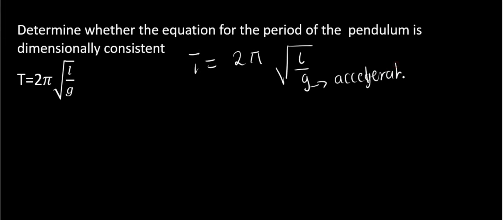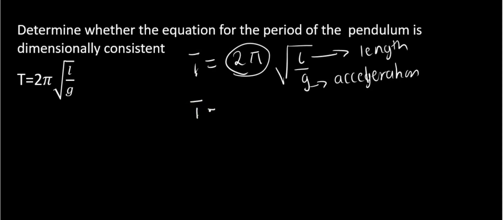This g is an acceleration, and this is the length of the bob. This is a number in short, that's 2 pi. Then this is the period, which is time. So period, remember, is represented by T. Then you put the square root here.